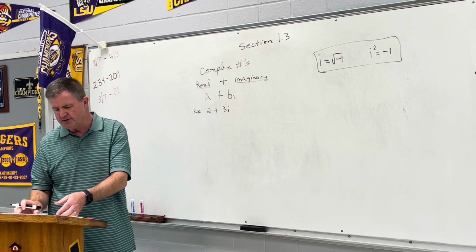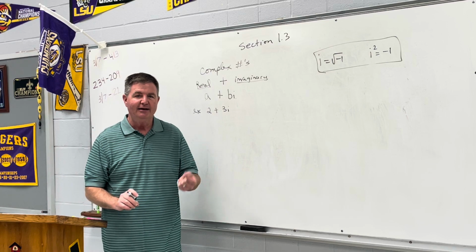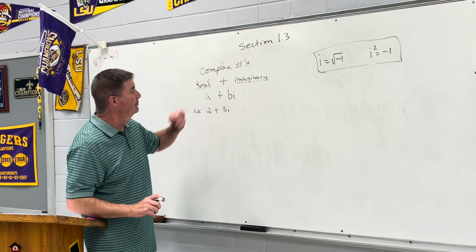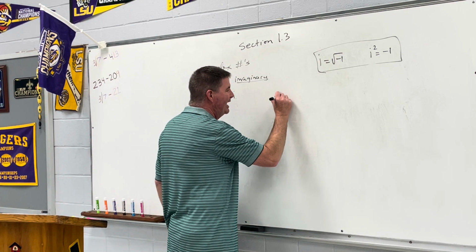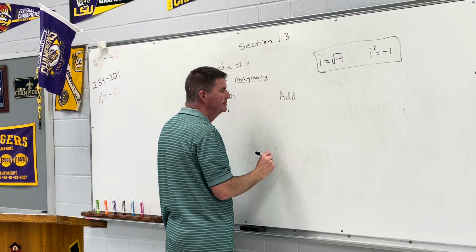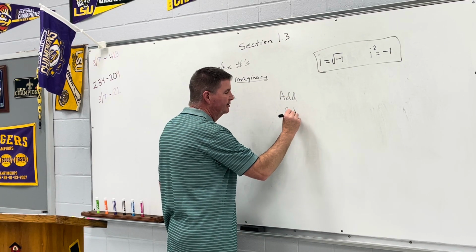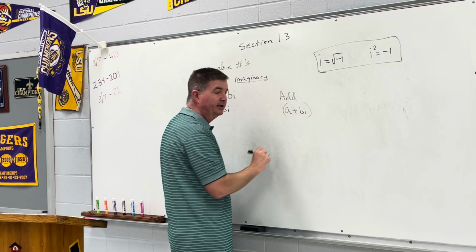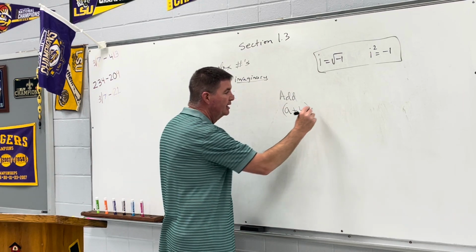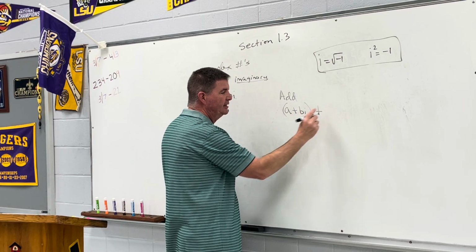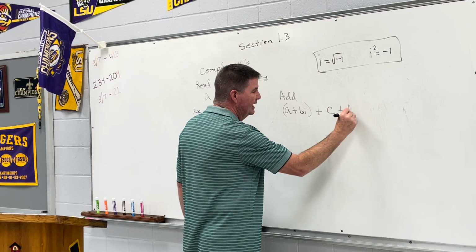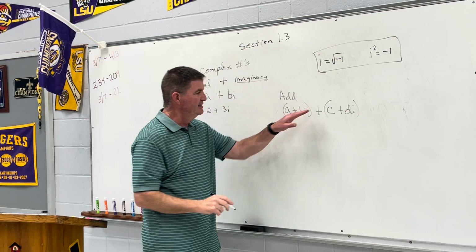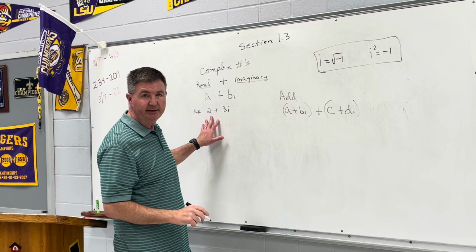So what they're going to want us to do first is add the complex numbers. The addition of complex numbers would be a plus bi, which is one complex number, plus, since we already used a and b, we'll use c plus di. Again, a, b, c, and d are just numbers that we're putting in.